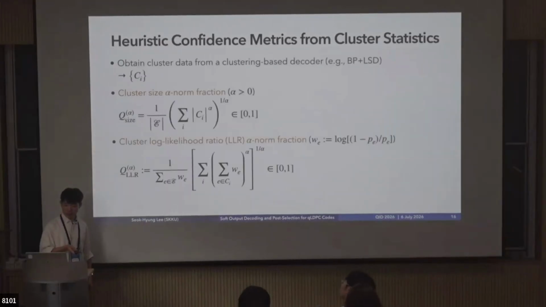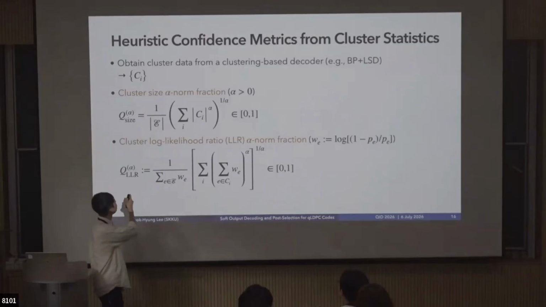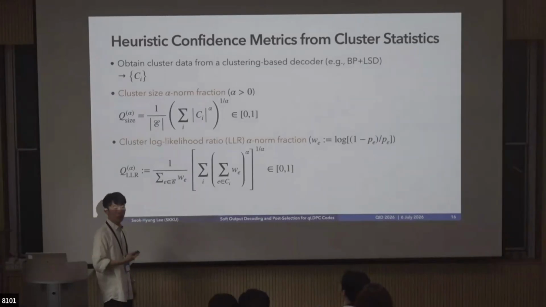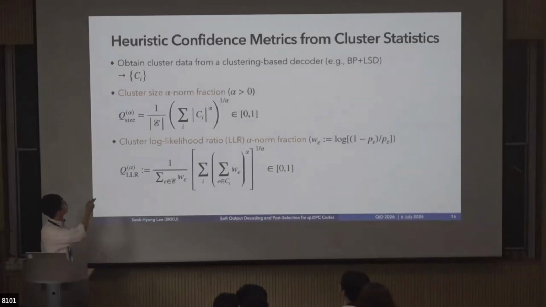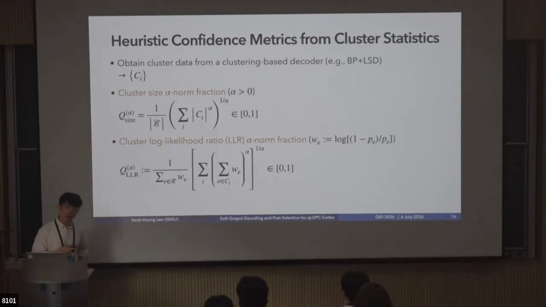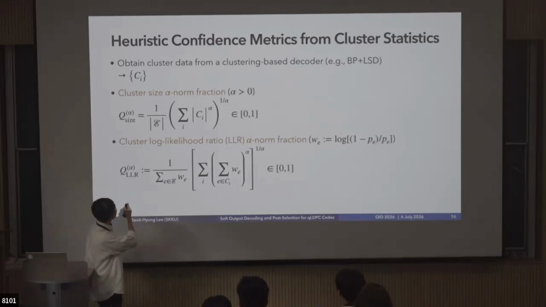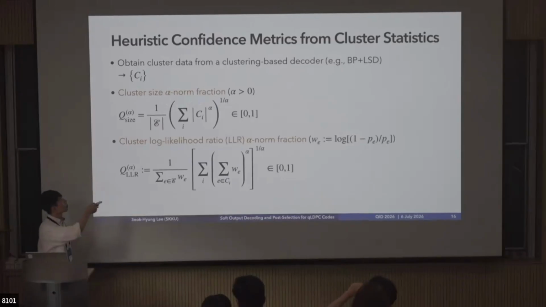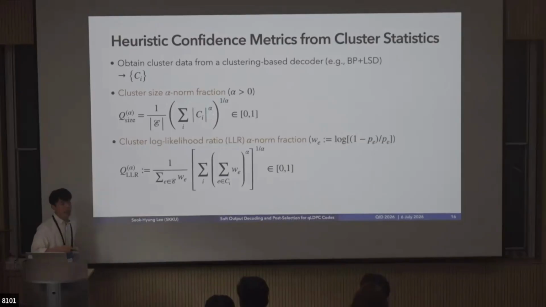We define these two families of metrics, where this C_i is the subset of error mechanisms inside each cluster. The cluster size alpha norm fraction is defined by the generalized alpha norm of the cluster size vector.